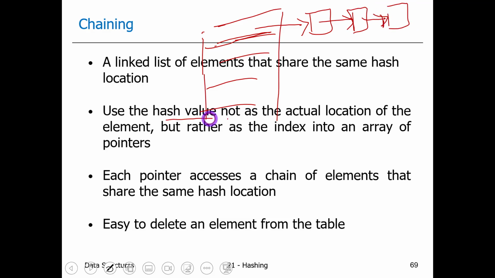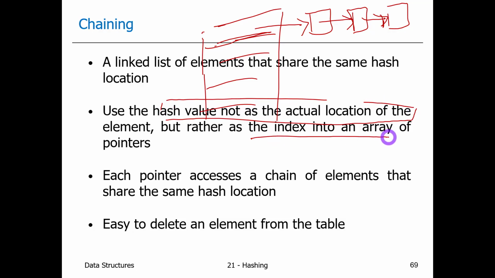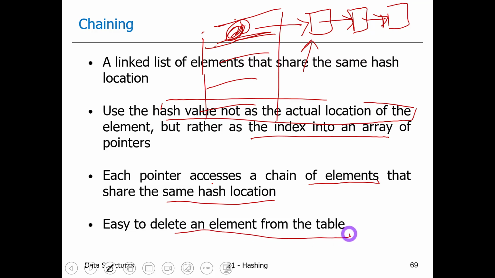We use the hash value not as the actual location of the element, but rather as the index into an array of pointers. So this hash value is the starting point, the head of the linked list. Each pointer accesses a chain of elements that share the same hash location. It is easy to delete an element from the table.